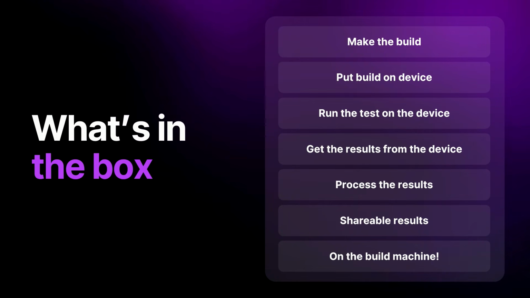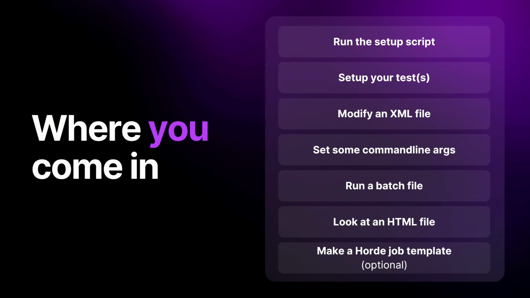This is all covered. Here's where you come in. This is what I need you to do. There is a setup script because there's still a little bit of boilerplate that we have to deal with. And it's going to set up the boilerplate that you need. You are, of course, going to have to set up your tests. I don't know how you want to fly through your level. There is an XML file that you're probably going to have to modify at some point.